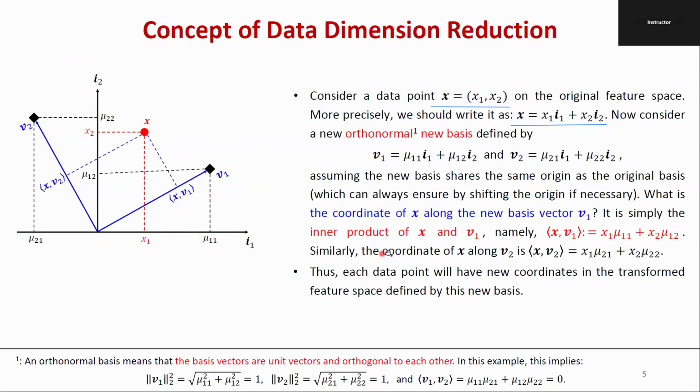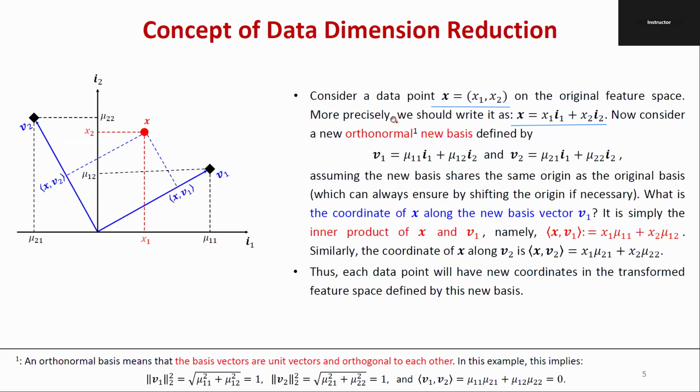So how do we get this? Actually, this is super simple. The corresponding coordinate of x onto any vector is simply the inner product. So for example, the coordinate on v1 is simply x inner product v1, and here it's x inner product v2. So you can get the corresponding coordinates.